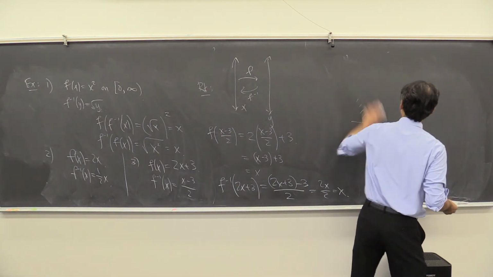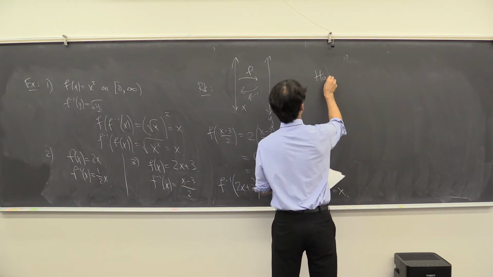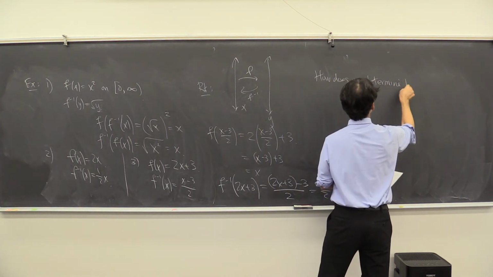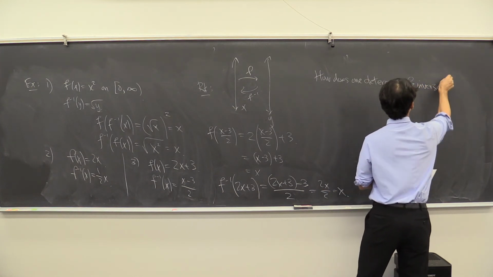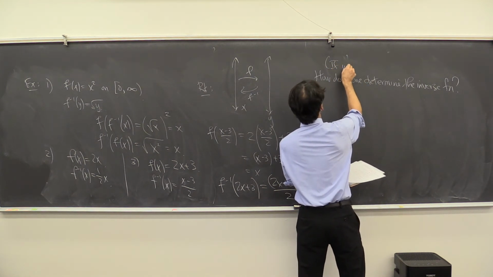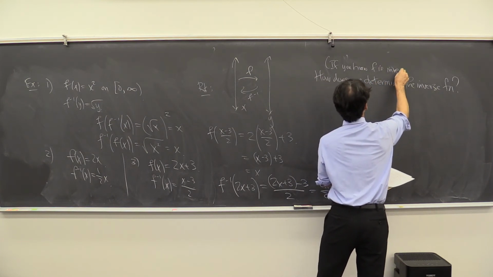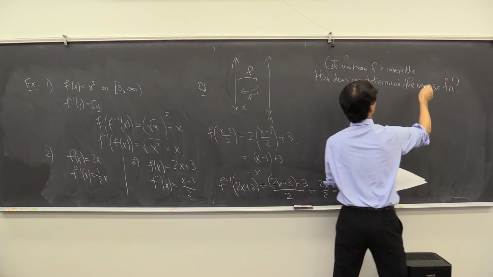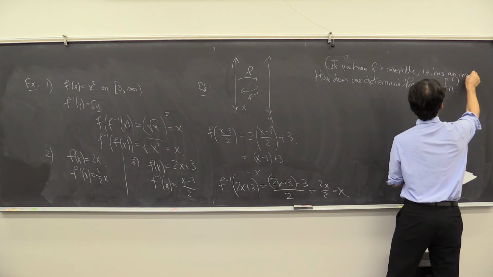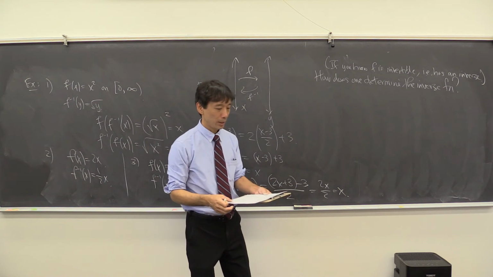Okay, so let me make that into a procedure. How does one determine the inverse function? If you know f is invertible, that is, it has an inverse, how do you determine that inverse?